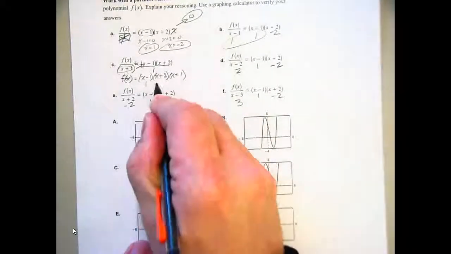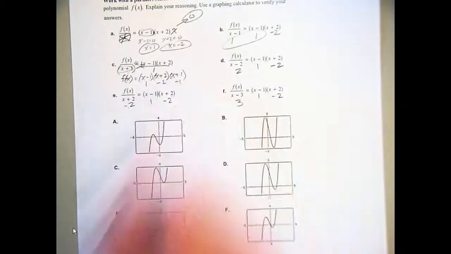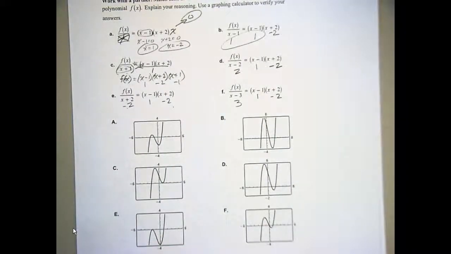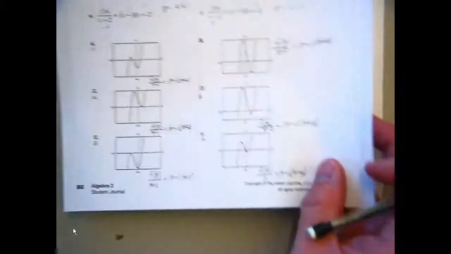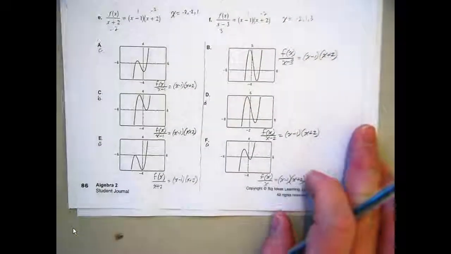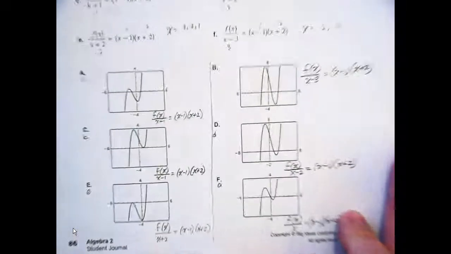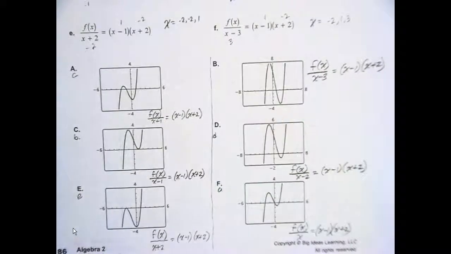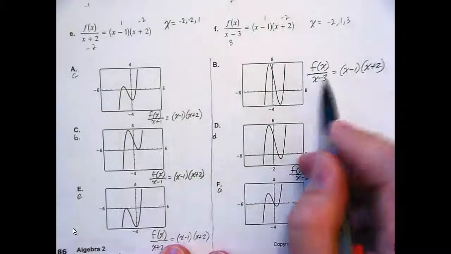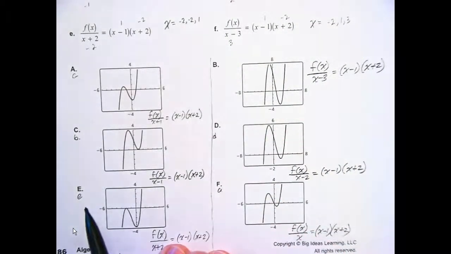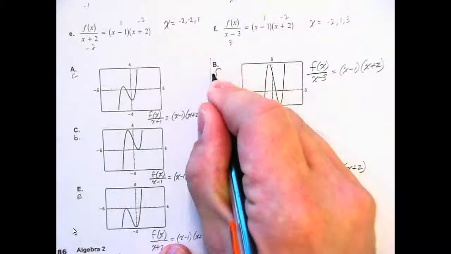It's going to give you 1, -2, and -1. So you have a couple places where it bounces, and so on. Anyway, when you're all said and done, your graph should match up something like that. I didn't put B with its appropriate one, so B actually goes with which one up there? F? Okay.